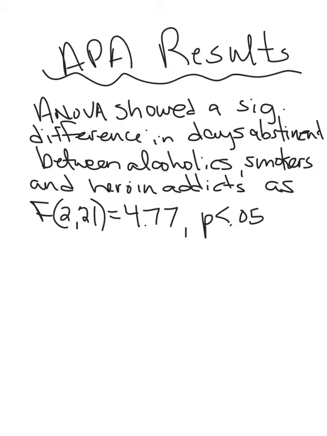If you're confused about that, definitely watch the video on determining p, the significance of p related to alpha. And then we have to put our effect size, eta squared equals 0.31. So now we have given our overall ANOVA test result, but we have to give our post hoc test because this was significant.